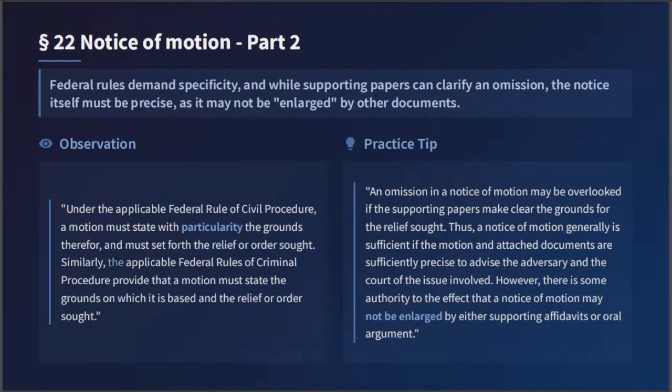Similarly, the applicable federal rules of criminal procedure provide that a motion must state the grounds on which it is based and the relief or order sought. So the motion must state the grounds on which it is based and the relief or order sought for the criminal, and with the civil, set forth, particularity.